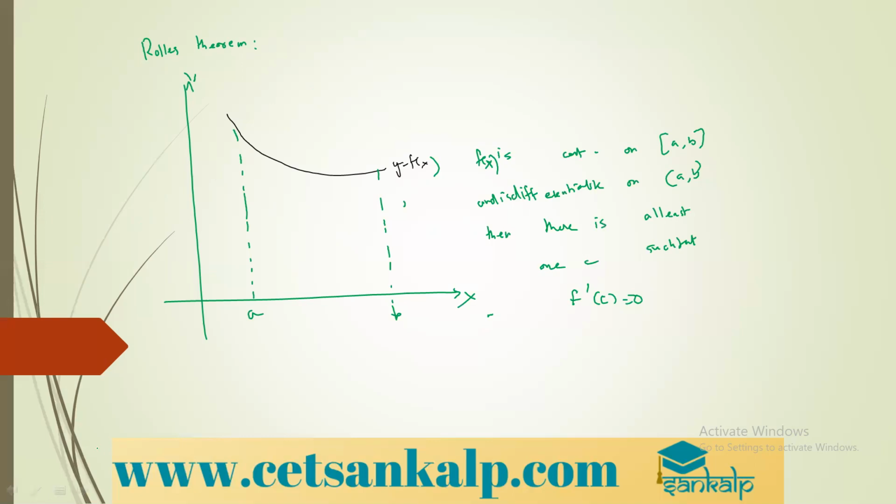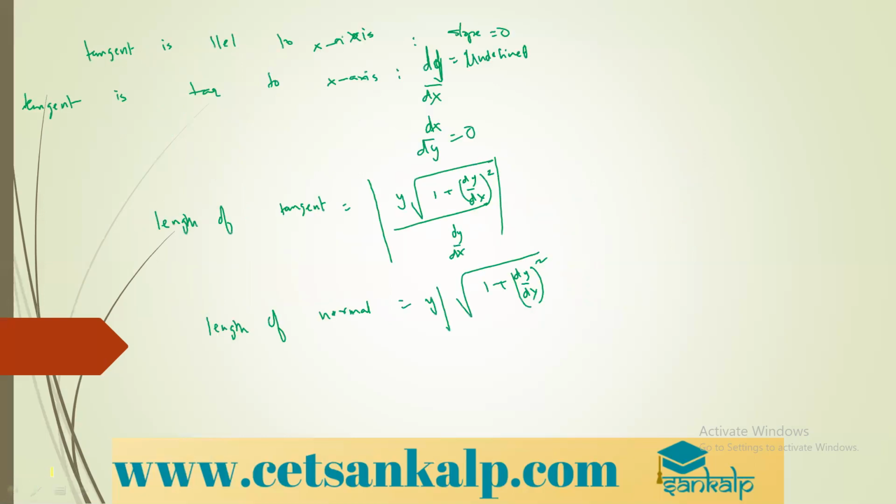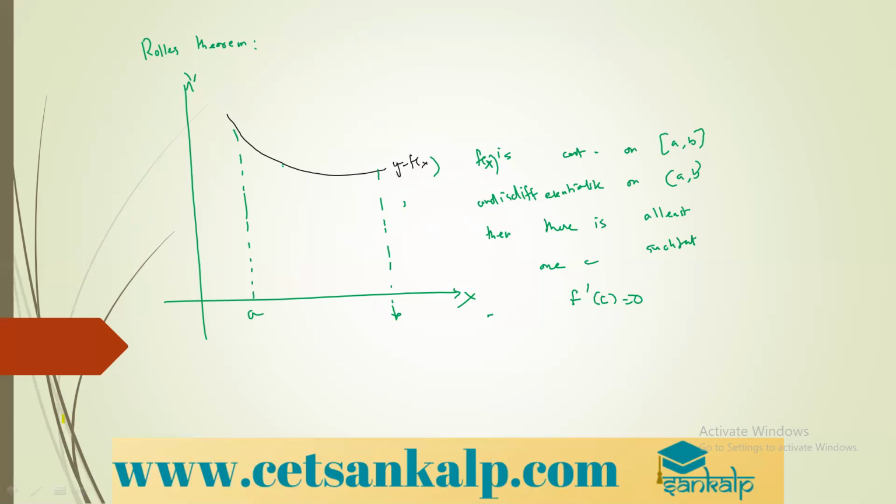That means here there is a point on the function where the tangent is drawn parallel to the x-axis and the slope of the tangent drawn at c will be 0. That is what Rolle's theorem says.